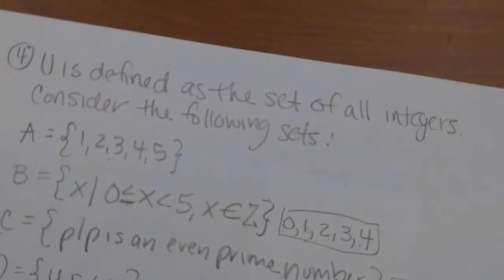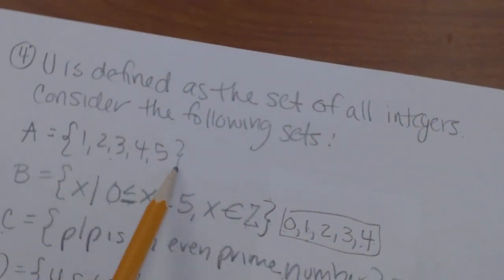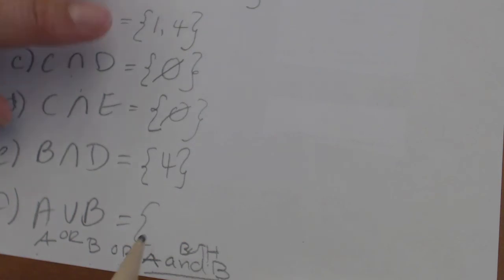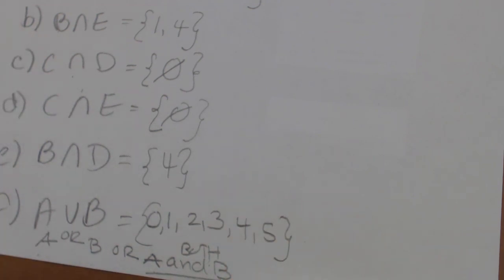Okay, so A or B. So here's A, it could be this one, or it could be B, which is this one, or it could be both. So let's write the numbers down. If they repeat, just write them down once. So I'm actually writing down numbers 0 through 5: 0, 1, 2, 3, 4, 5. So basically, it's all of the numbers.